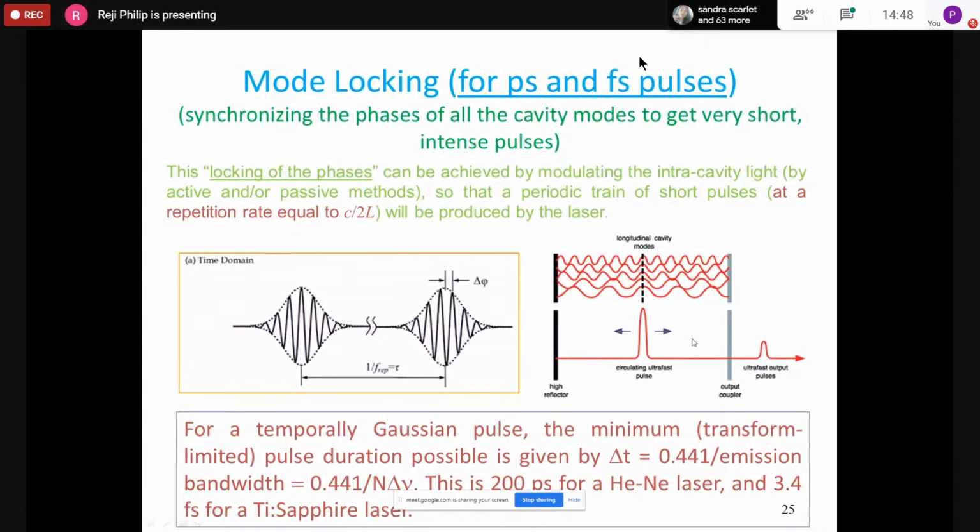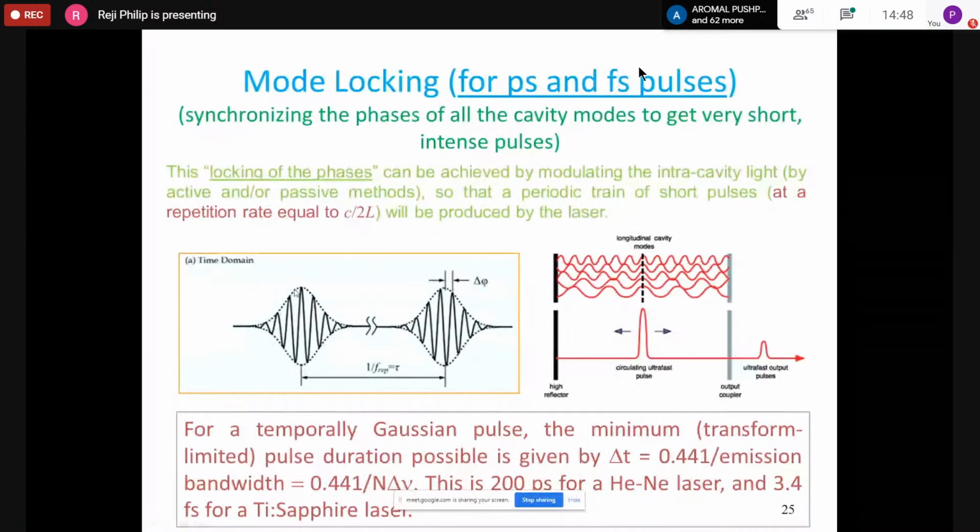Now, if you can lock them in some way, what it means is, by doing something, you bring all the phases the same at one point in time. If you can do that, then you will get a very sharp pulse. So that's what you see here. If you look in the time domain, at this point where there is a constructive interference between all the longitudinal modes, you get a sharp pulse.